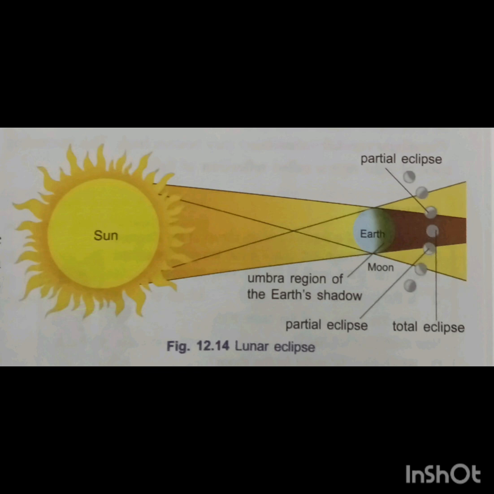During an eclipse the moon cannot be seen at all, or it can be seen only partially. Okay? It occurs only on a full moon night.